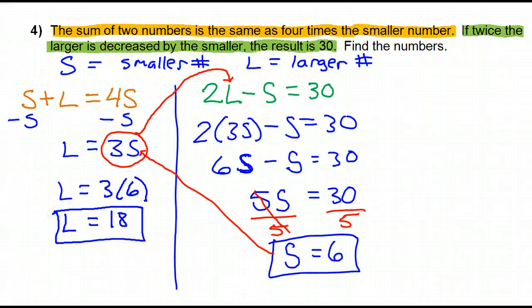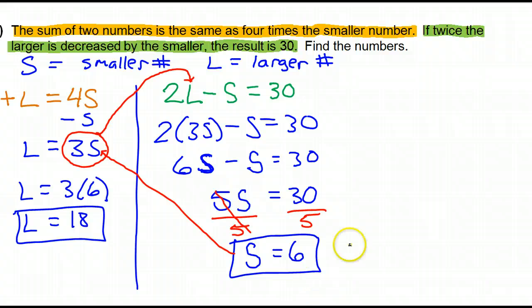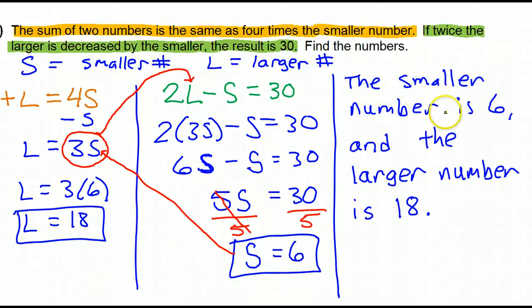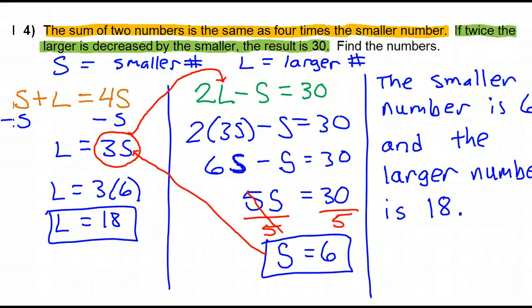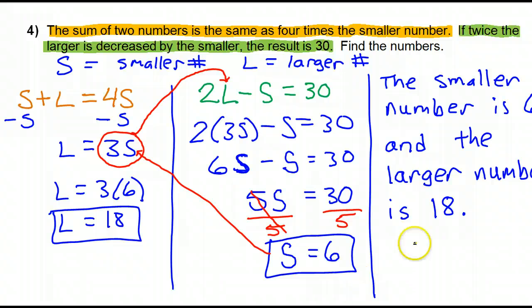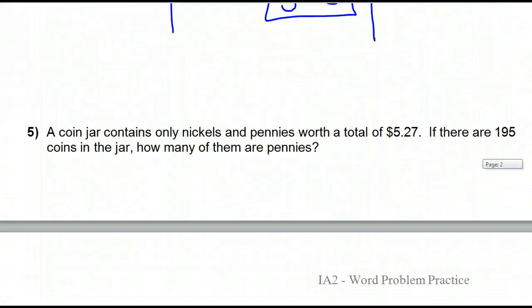All that's left is to put these answers into words. So we will say like this: the smaller number is 6, and the larger number is 18. And that is how you would do number 4.